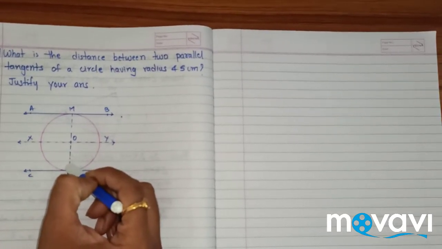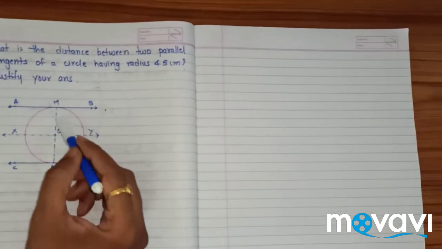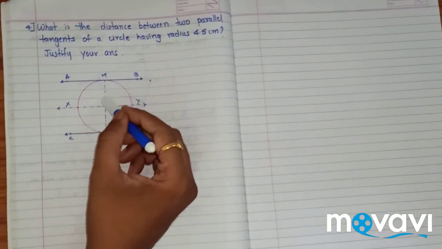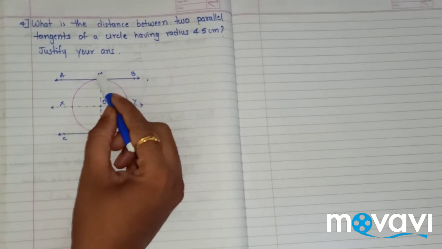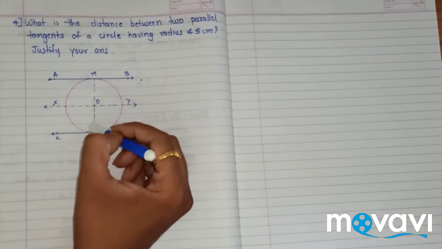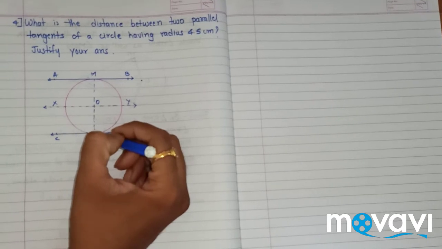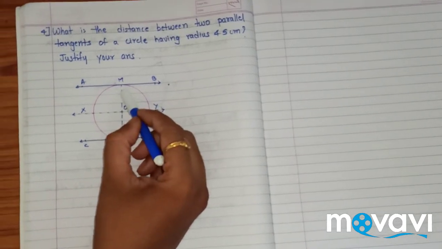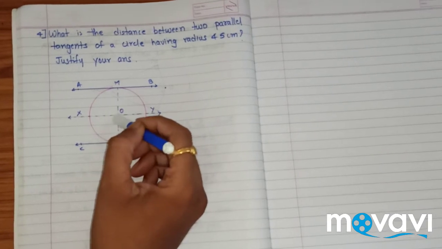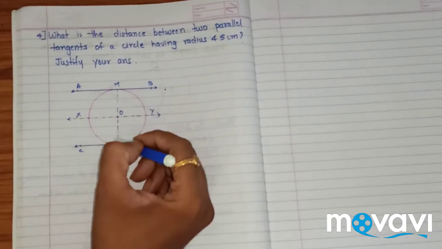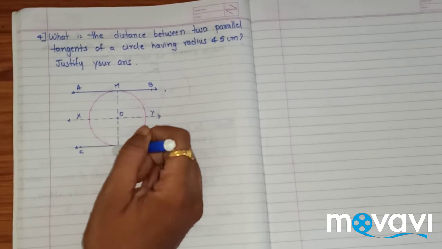This is the radius to the tangent, this is also radius to the tangent. The radius is given as 4.5, so it will be 9, because 4.5 plus 4.5 becomes 9.